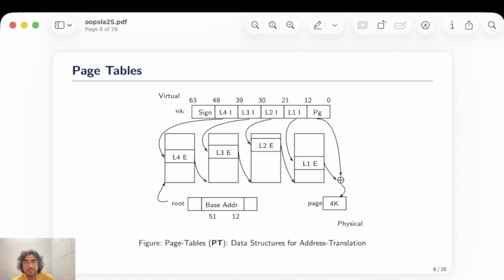At the top we see a virtual address including indices to each level of this tree, and at the bottom there's a unique root address to that tree.